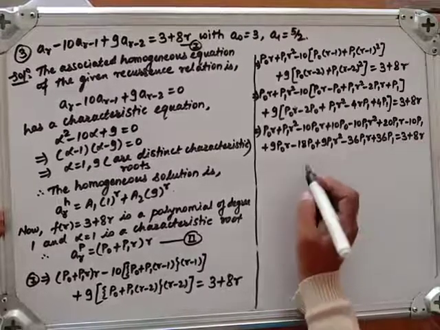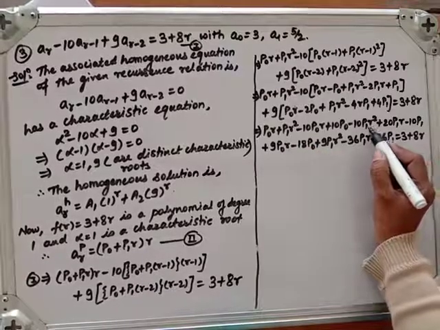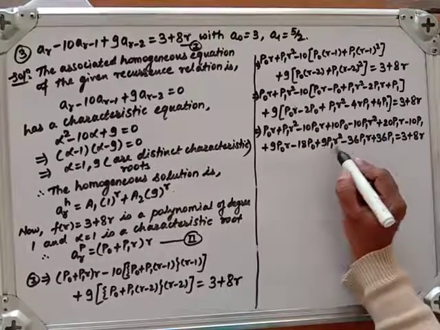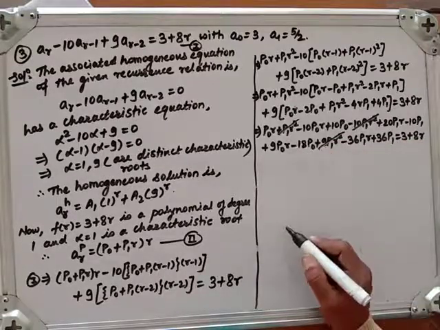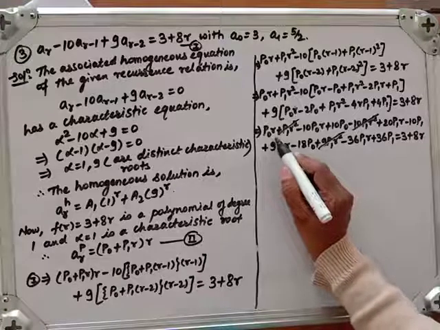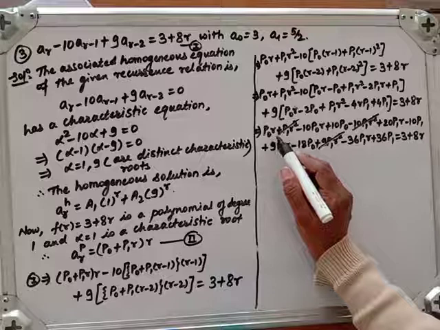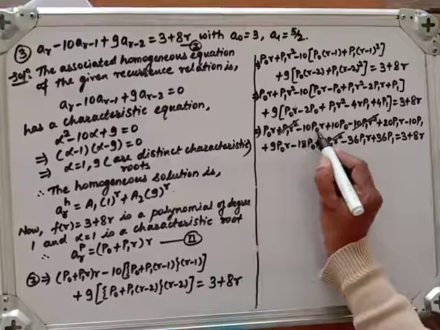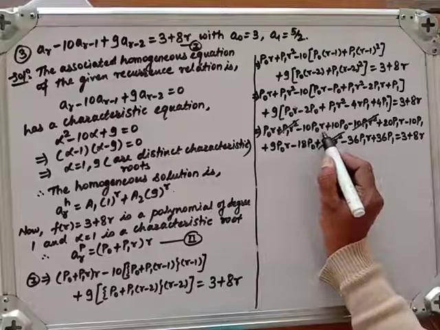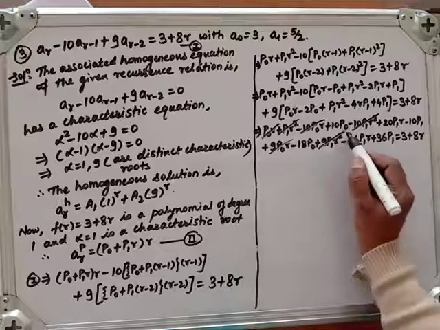Now here P1 r square minus 10 P1 r square plus 9 P1 r square, the terms of r square get cancelled. And for P0 r minus 10 P0 r plus 9 P0 r, these are also cancelled.